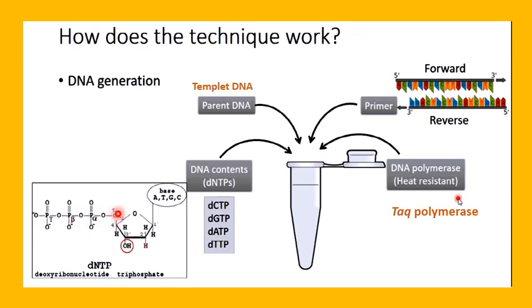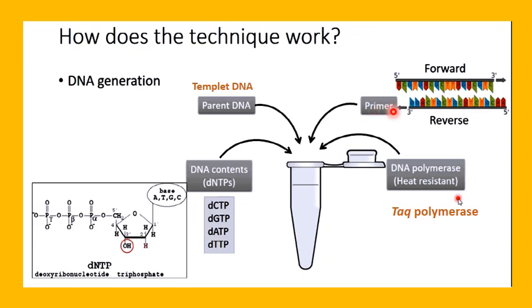The nitrogenous base binds with the first carbon atom of the deoxyribose sugar, and the phosphate group is attached at the fifth carbon atom. This is the main structure of dNTP.